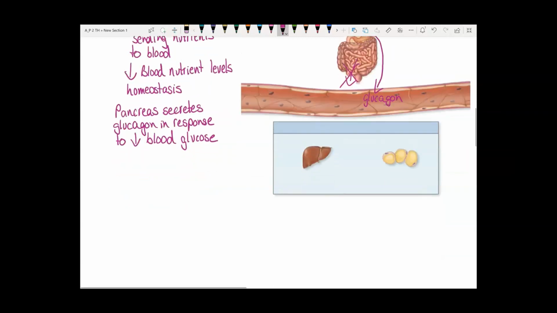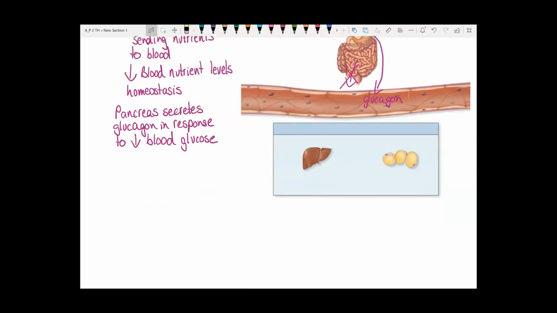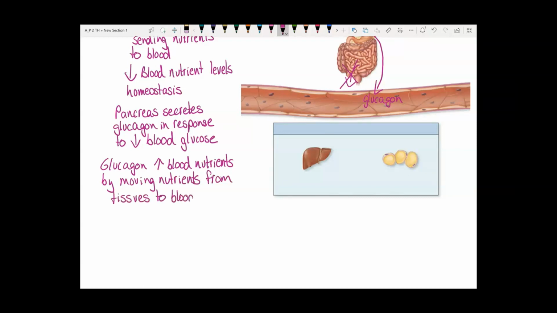And the job of glucagon is to raise blood nutrients by moving the nutrients out of tissues and into the blood. So your liver has the glucose.